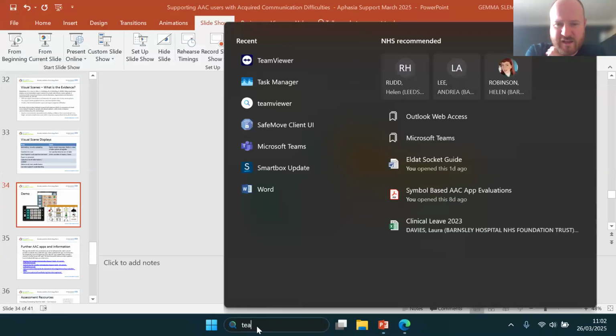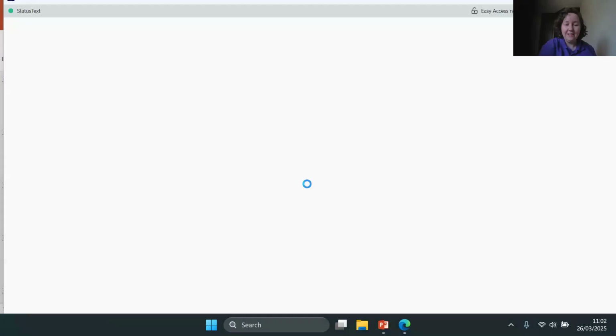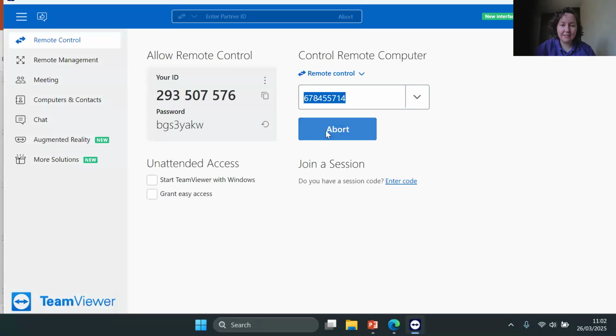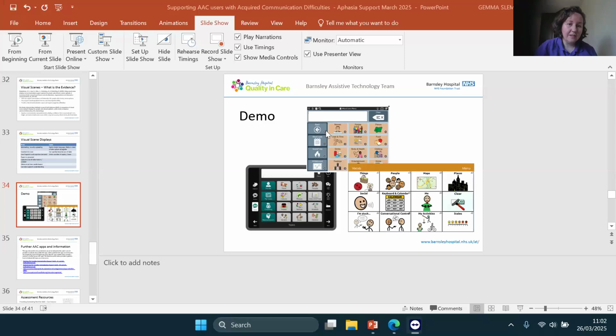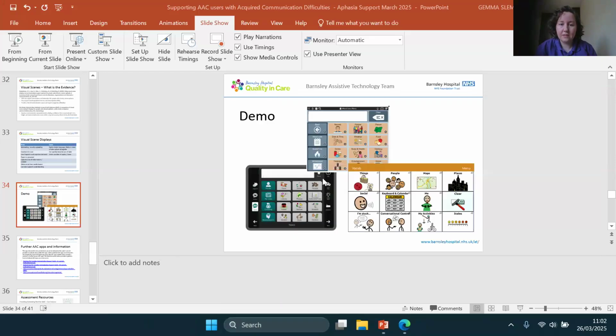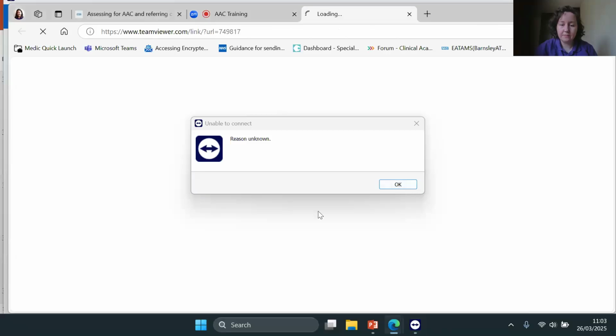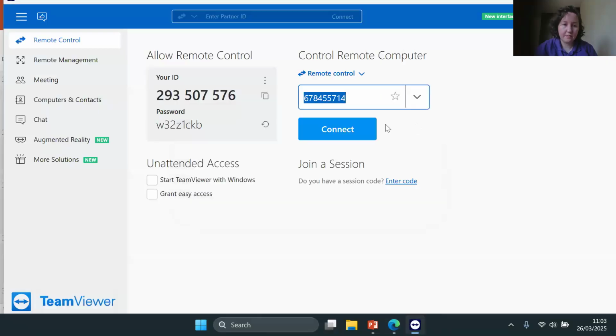Yeah. Okay, sorry. For some reason the app's just closed. I don't know why. Just get that back. So connect. Allow. Why does it go? Oh, I don't know why it's doing that. Sorry. TeamViewer. Connect.